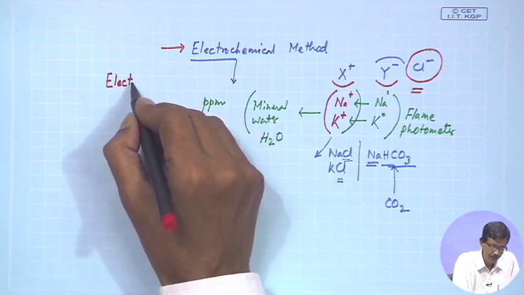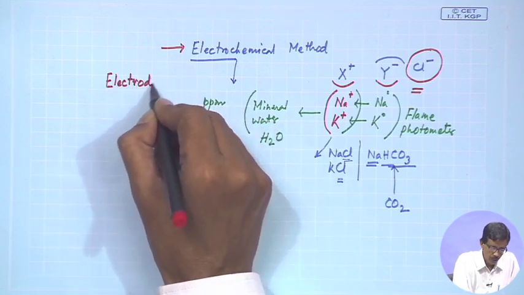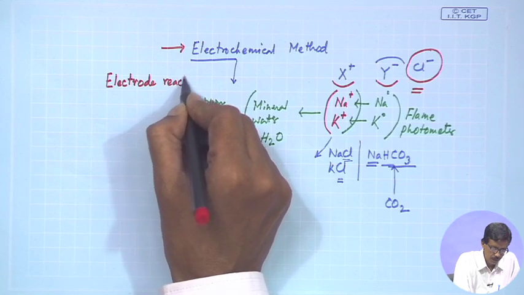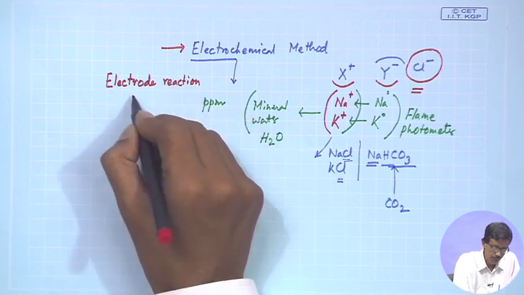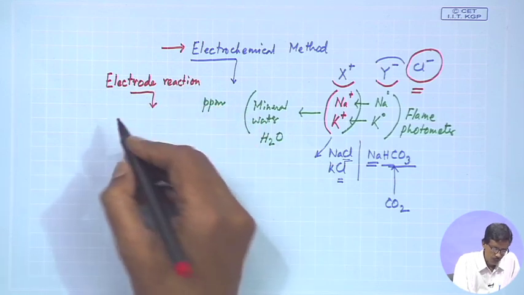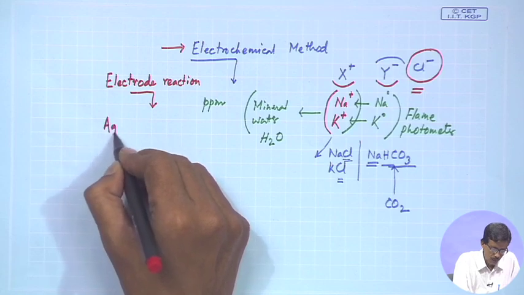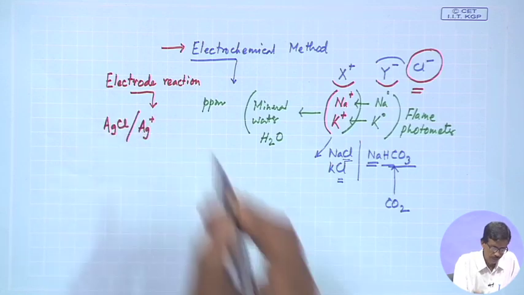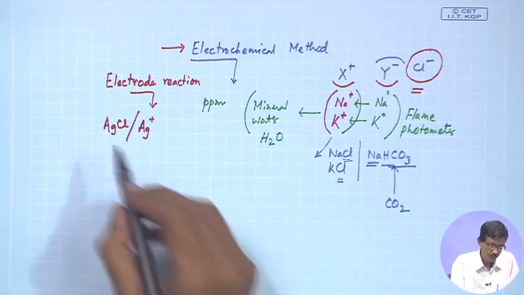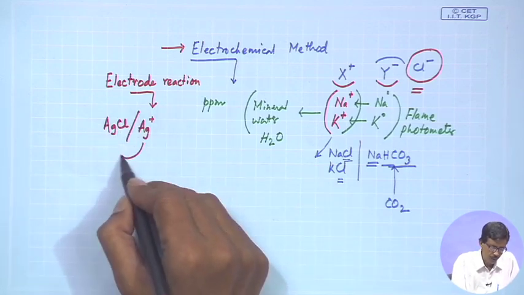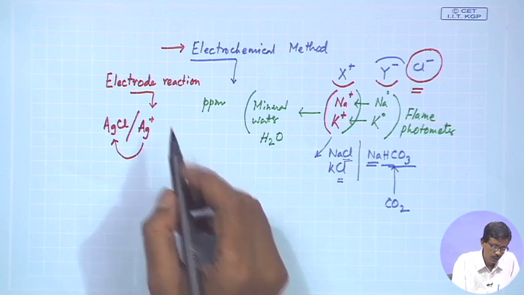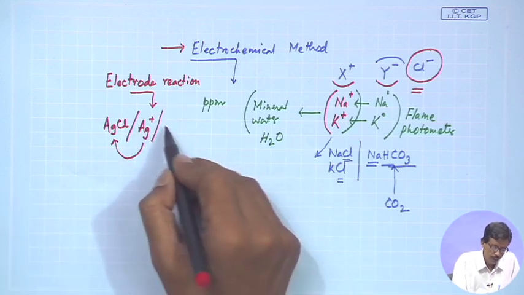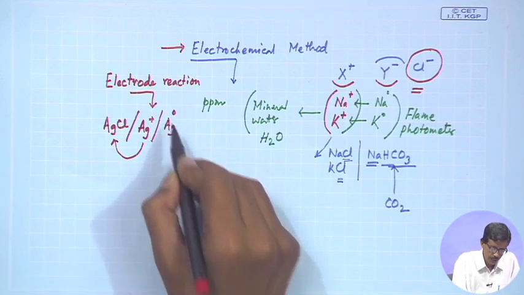what we are discussing for many classes, one such half cell reaction we have seen is AgCl and Ag plus. That means when silver ions are there, they get reduced to Ag0.